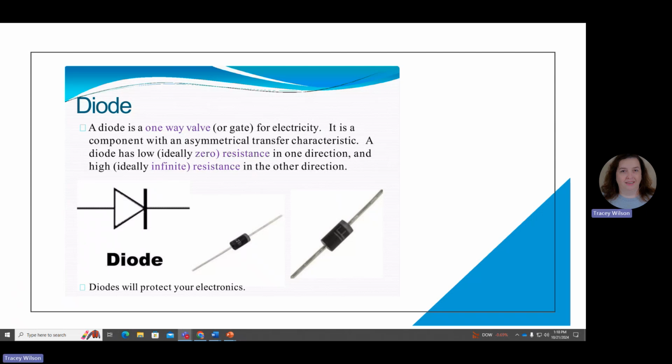Like if you're hooking a generator up to a power source, you don't want the flow to go backwards because then you're going to mess up your generator. So that's where a diode or a switch would come in handy to keep the flow from going in both directions. But in the case where you want to sell your extra electricity back to your power company, then you want it to flow both directions.